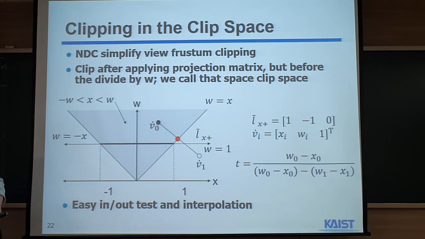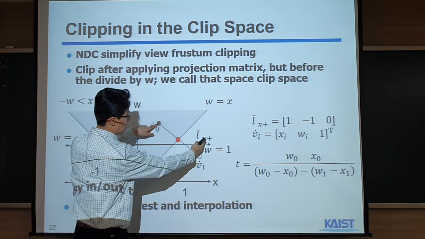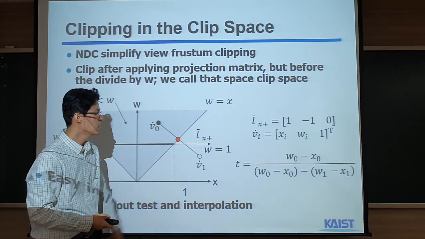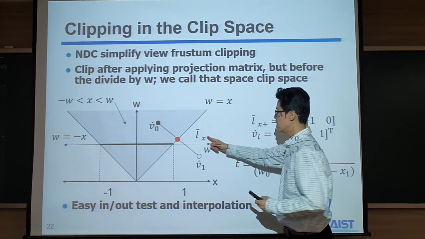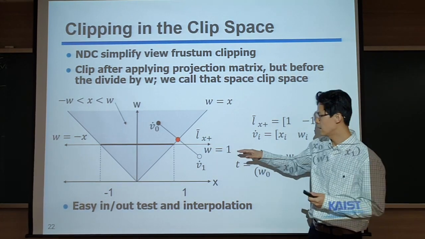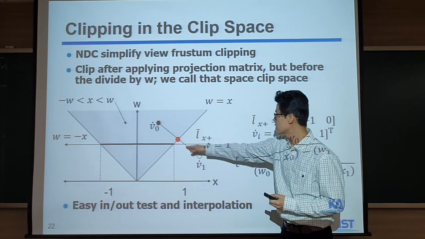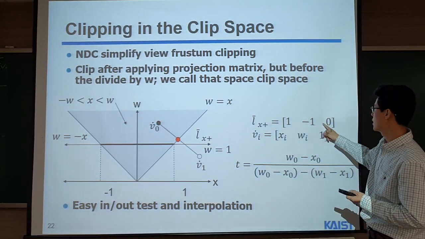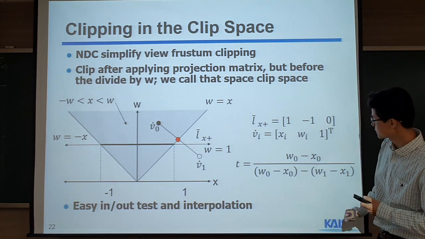And then suppose that you have a line here, with this line coefficient, consisting of v0, v1. Then for this line equation, suppose in this case the normal turns out to be 1 and minus 1, also 0, right?